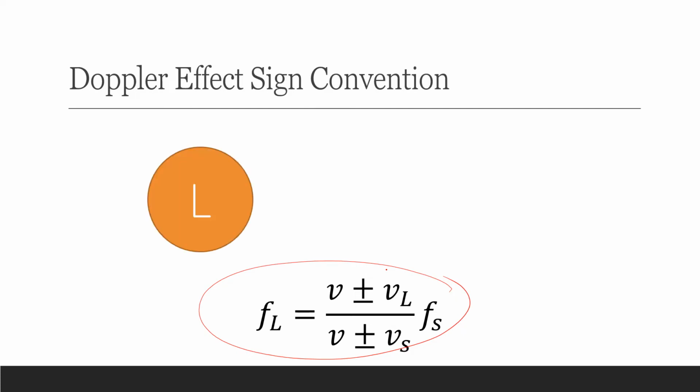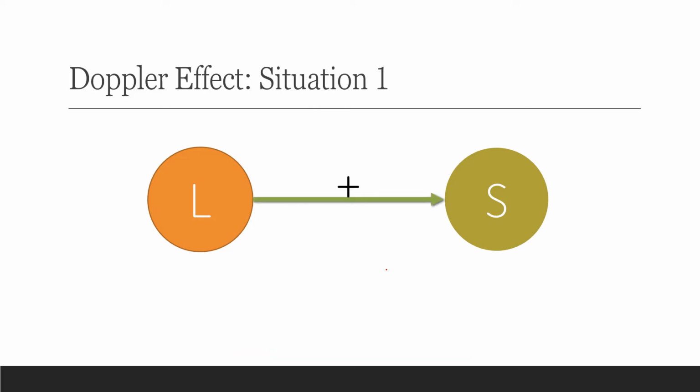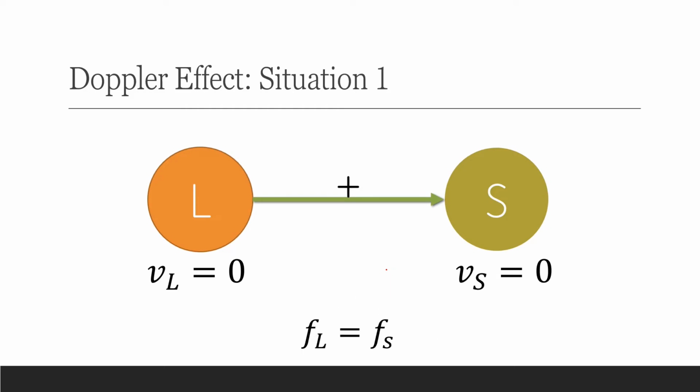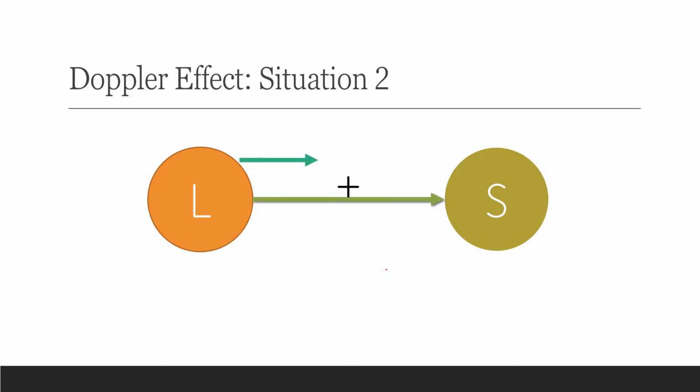This is our listener L and this is our source S. For situation 1, when VL is 0 and VS is also 0, then FL is just equal to FS. When they are not moving, the frequency heard by the listener is equal to the frequency emitted by the source.